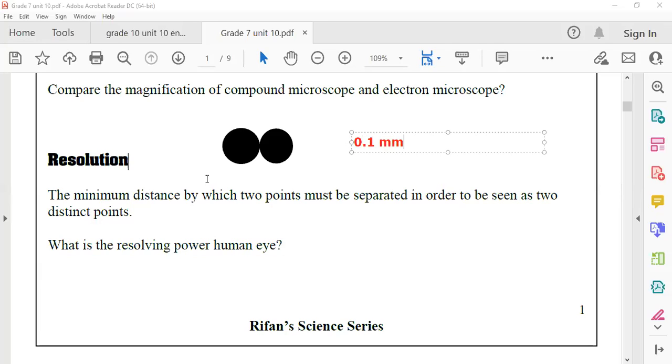If it is less than 0.1 millimeter, you will not see that. So this is the limit. The smallest gap you can see is called resolution power. Understood?